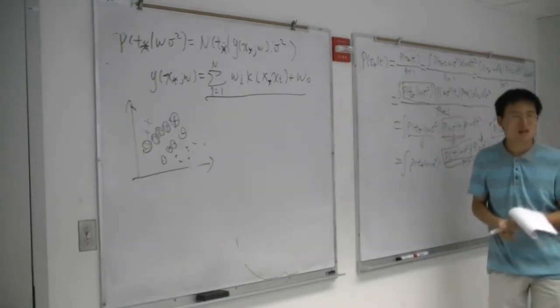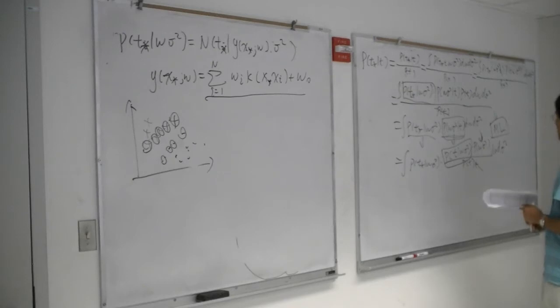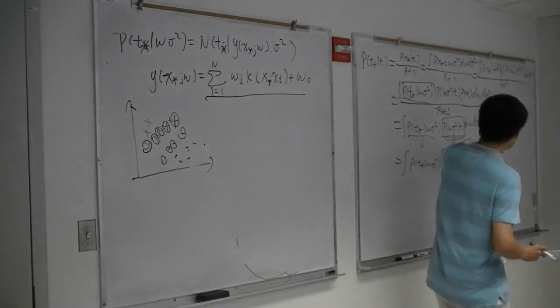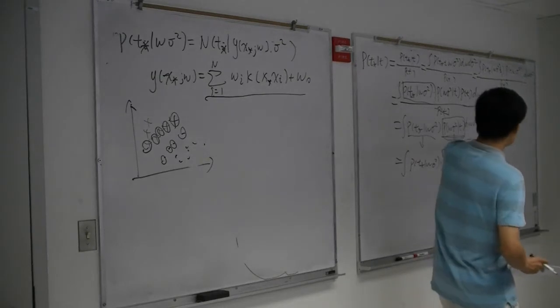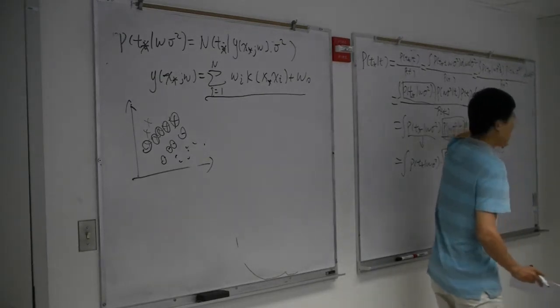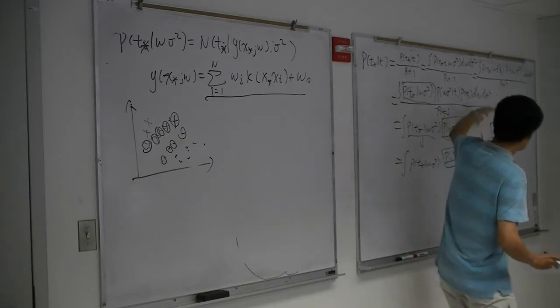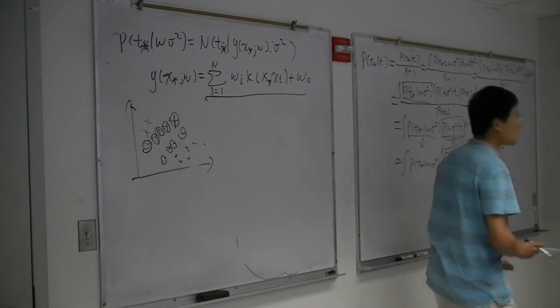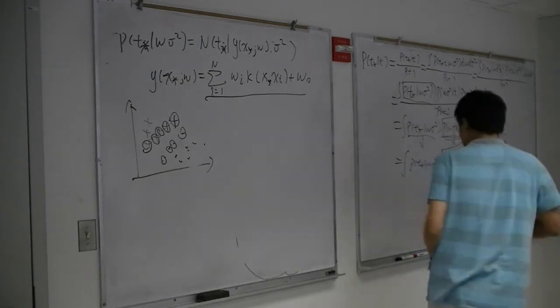Okay. And so in this case, we cannot use maximum likelihood because if we use this, the omega is not sparse. So we need to take into account the information of the sparsity.